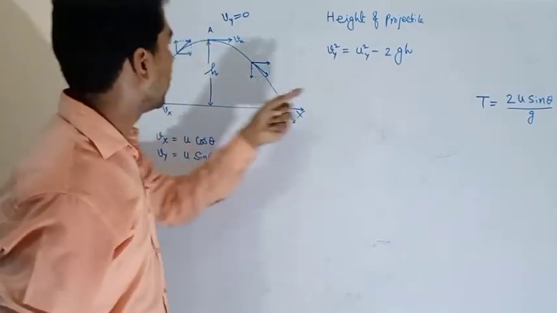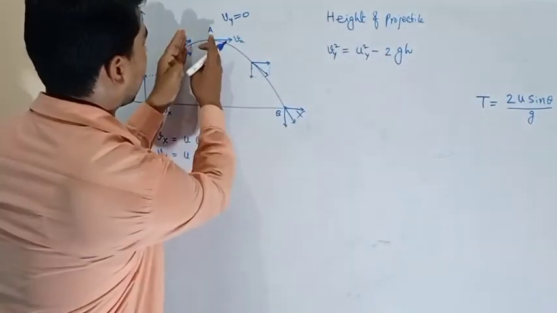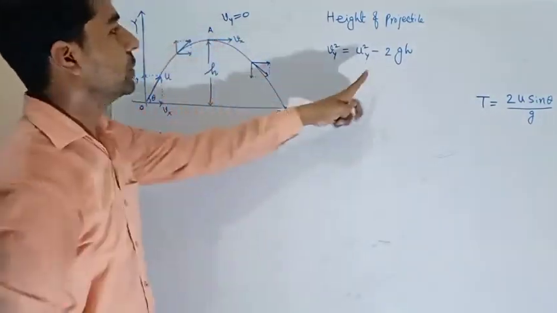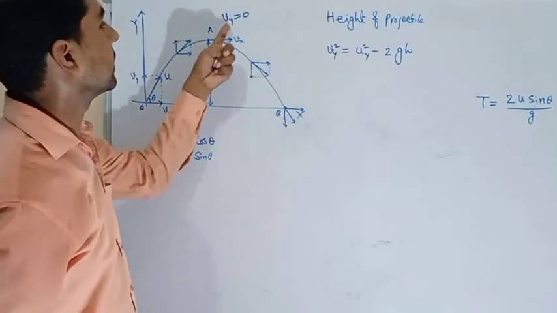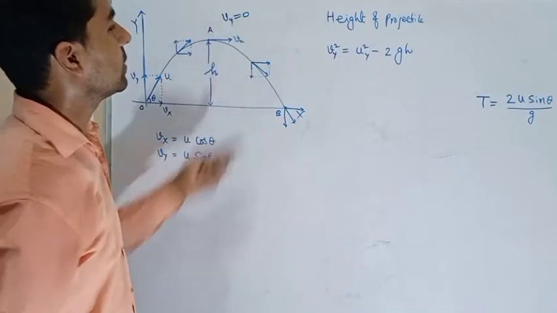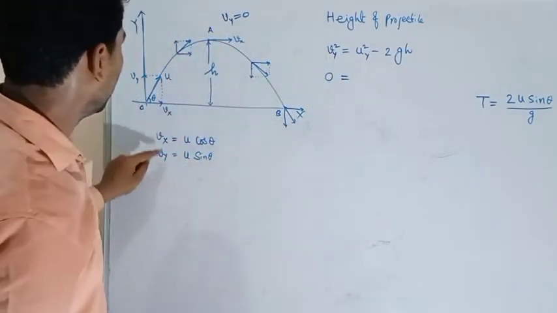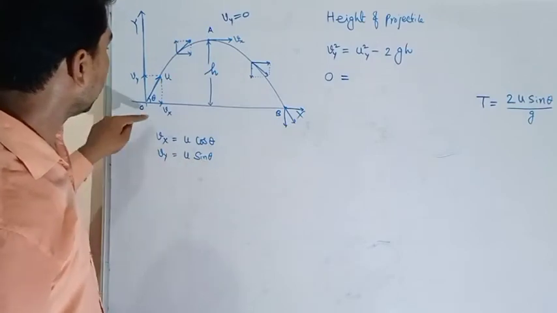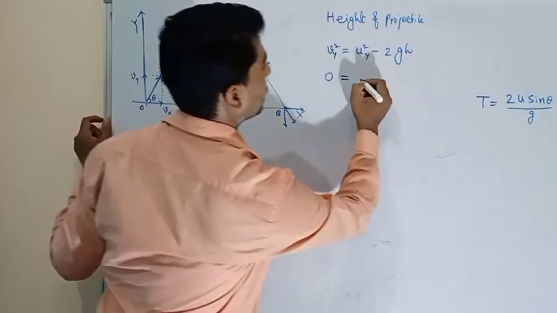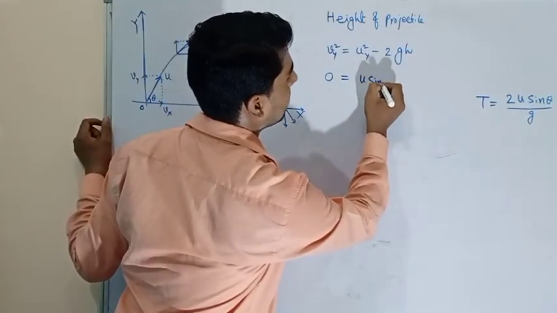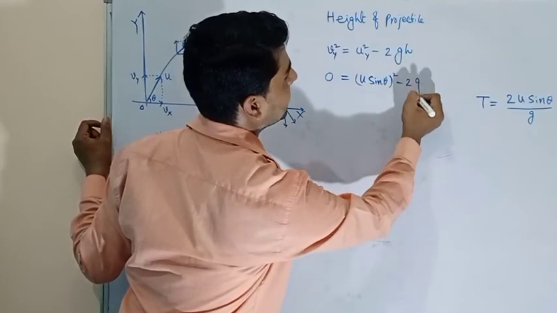We are going to calculate H, so we have to talk about only the point from O to A. What is the final velocity at A? This is vy, and that is 0. And uy, the initial velocity, is u sine theta. So 0 is equal to (u sine theta) whole square minus 2gh.